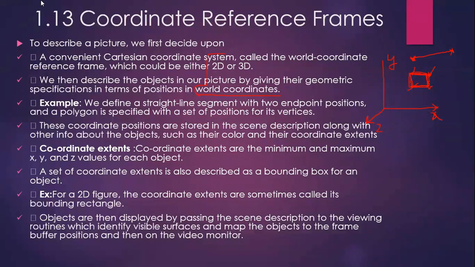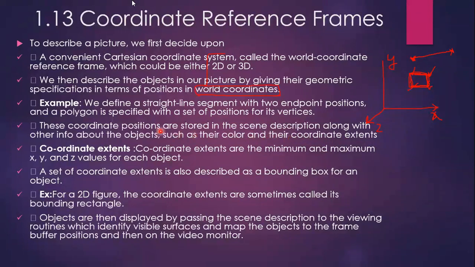So initially, whatever the objects, any primitives, be they points, lines, polygons, or any geometric object, whatever you have around the world will be represented using world coordinates. These coordinate positions are stored in the scene description along with other information about the objects, such as color and their coordinate extents.